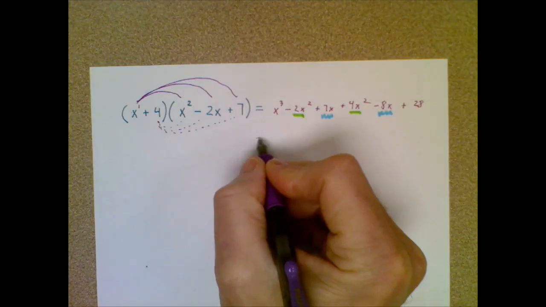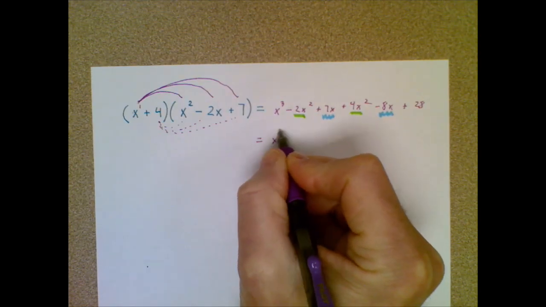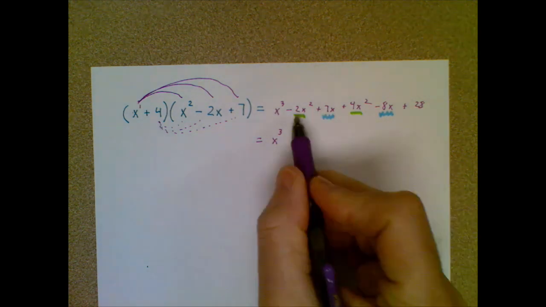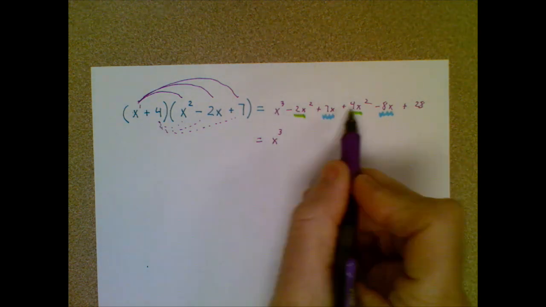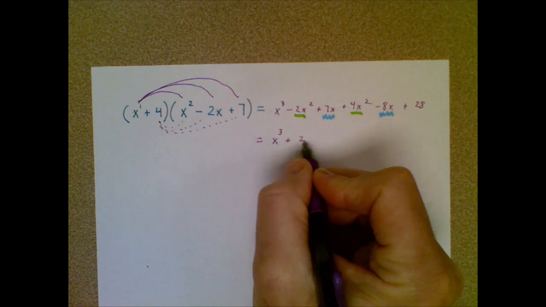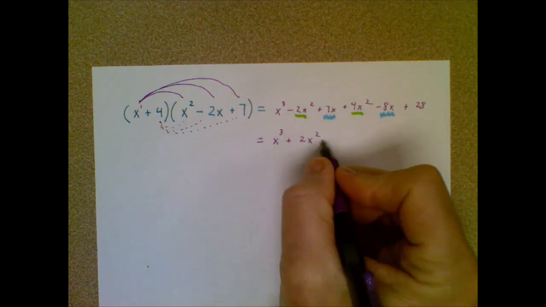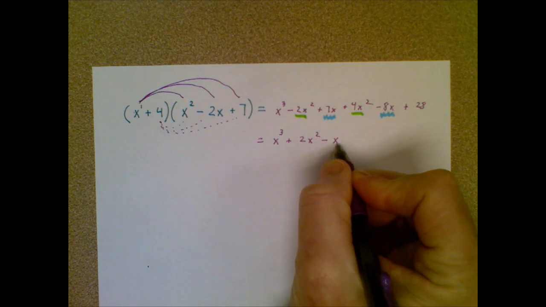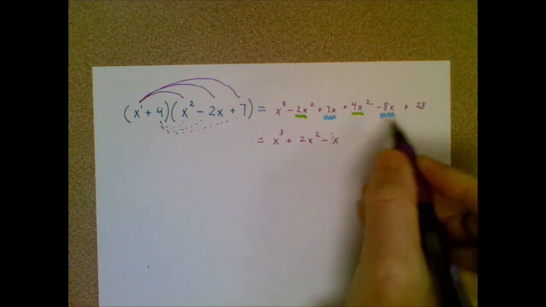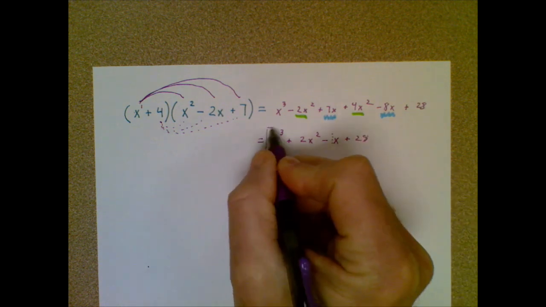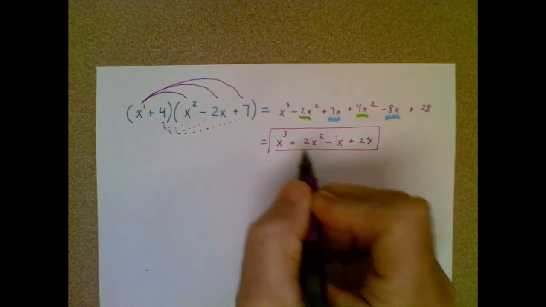So when I get my final answer, I have x to the third because nothing's going to combine with that. These two combine, a negative 2 and a positive 4 to be a positive 2x squared. A positive 7 and a minus 8 is a minus 1x. I don't have to write that 1. And then the 28 has no like terms. So there is my final answer.